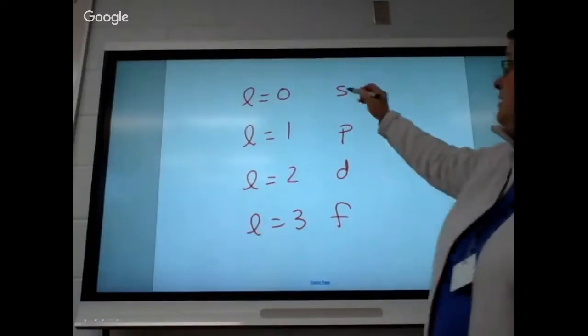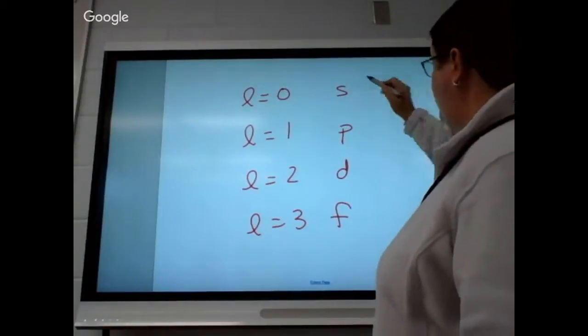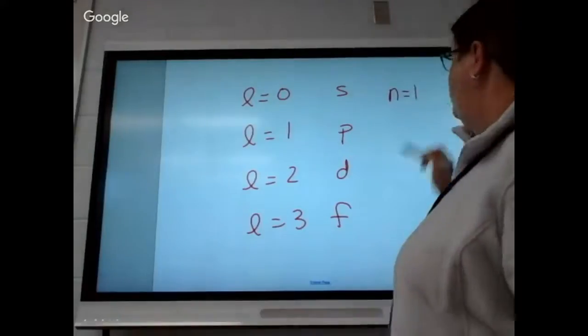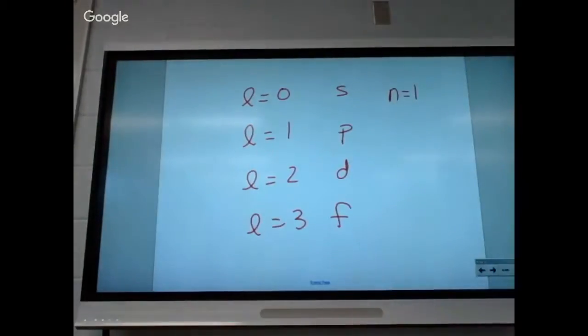So in order to have an S sublevel, n has to be what? 1, because one energy level gives you how many sublevels? 1.